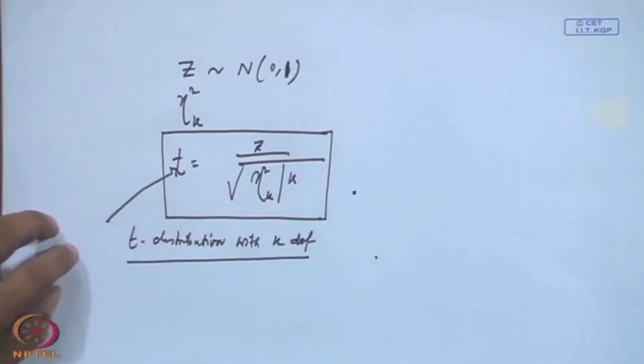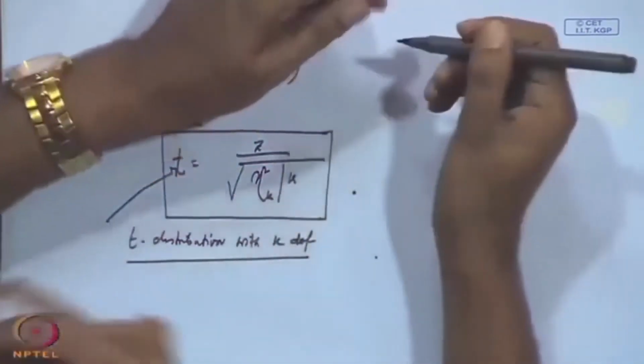So, that means in the T distribution case also degrees of freedom will come. Degrees of freedom is very important for chi-square distribution, for T distribution also.